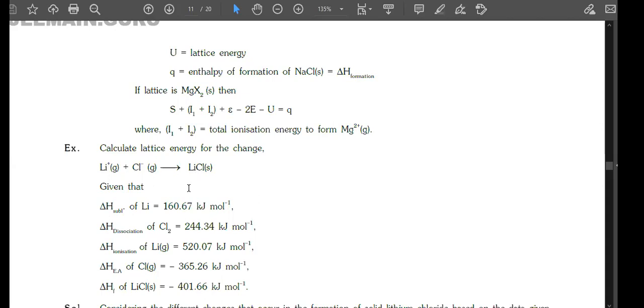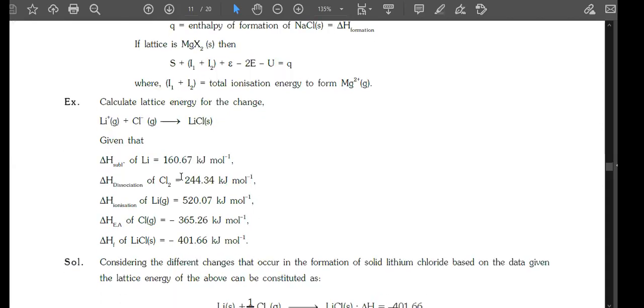So see this example. We have to find the lattice energy of this. Delta H sublimation is given, delta H dissociation, ionization, everything is given. Delta H formation of LiCl is also given. So can you find the lattice energy of this reaction?